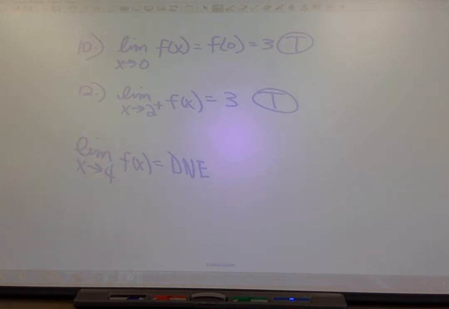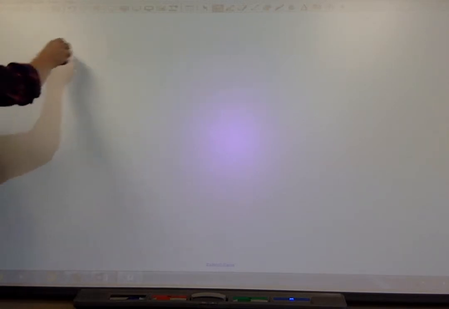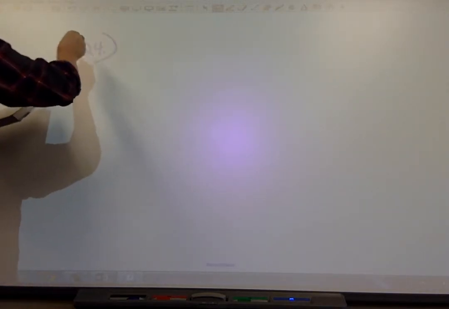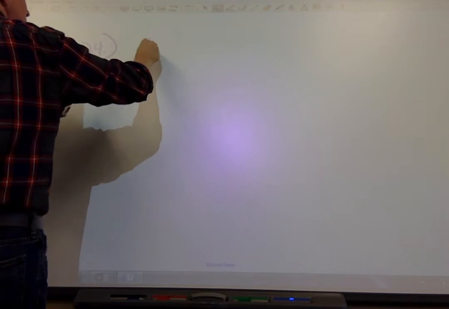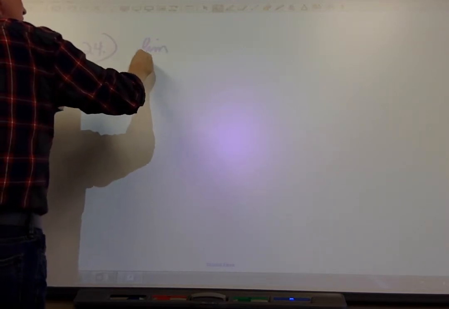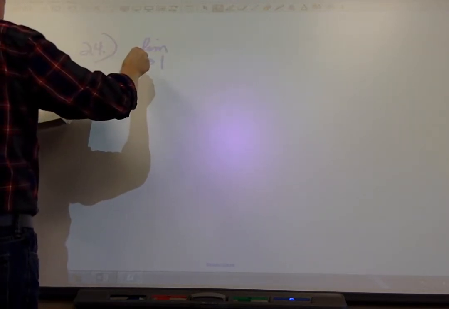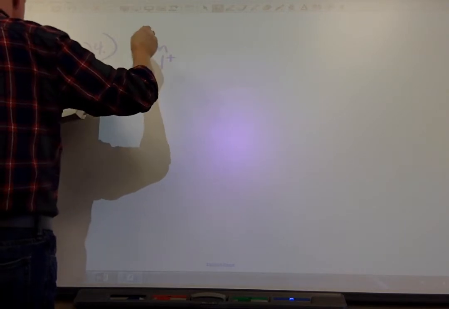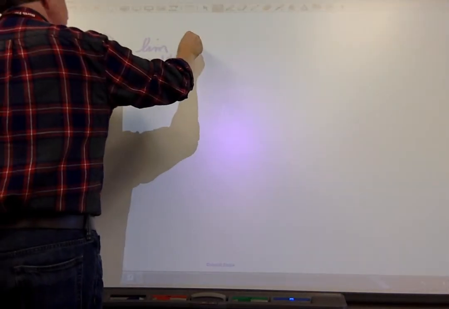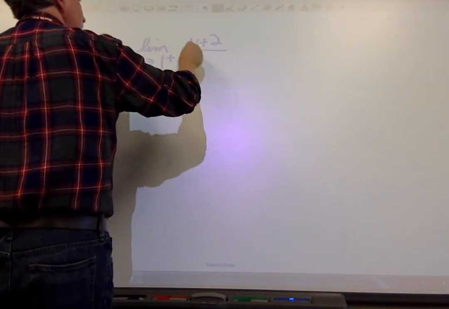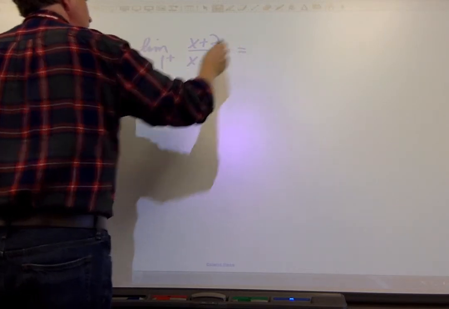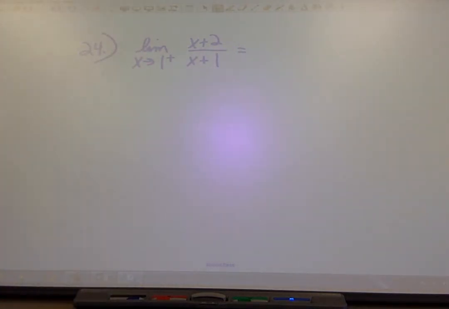What would you say about 24? Is there any problem at all with 24? 24 says the limit as x approaches 1 from what side? From the right. Of x plus 2 over x plus 1. Does it matter if you're coming from the left or right if it's 1 in this one?